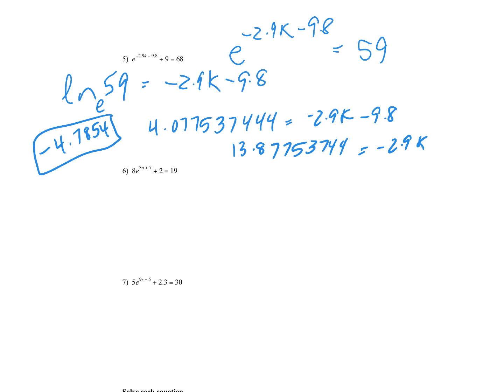The next one is the same. We're going to subtract 2 from both sides, and we get 8 times e to the 3a plus 7 equals 17. And then we divide by 8. And now we have ln of 17 over 8 equals 3a plus 7.